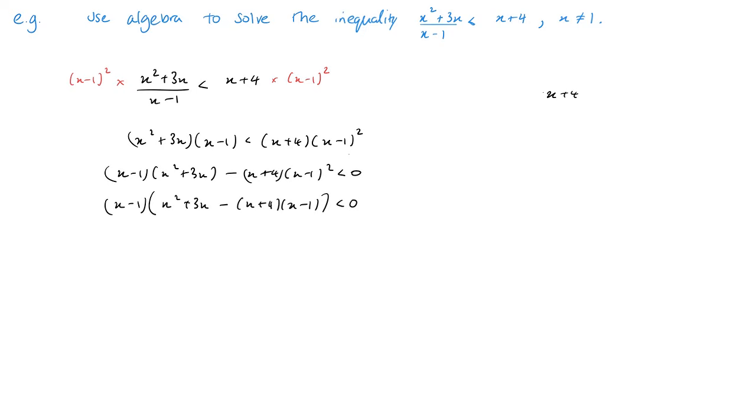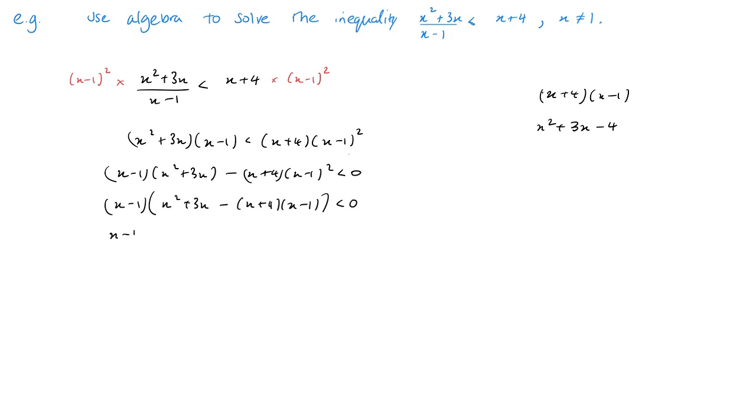So x plus 4, x minus 1 is going to give me x squared plus 4x minus 1x, so plus 3x minus 4. And then I'm going to be taking away, so each of the signs of these will change.